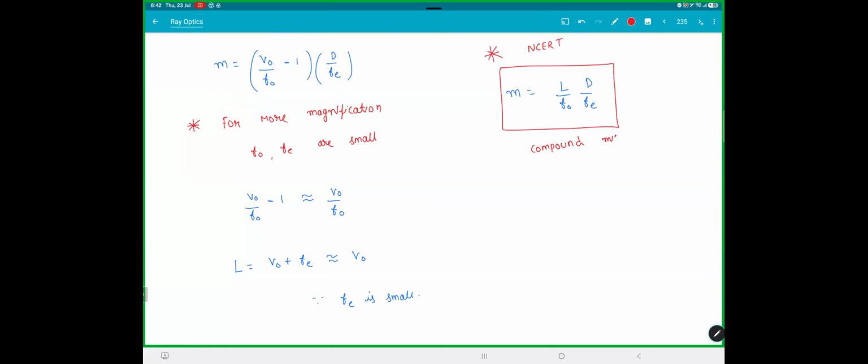So the derivation is important, they could ask somewhat in advance in some other way, like a paragraph, but for a mains and BITS thing, you just need to know this formula. Here, L is the length of the microscope. All clear with this?